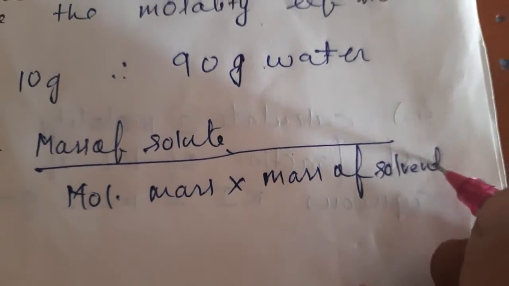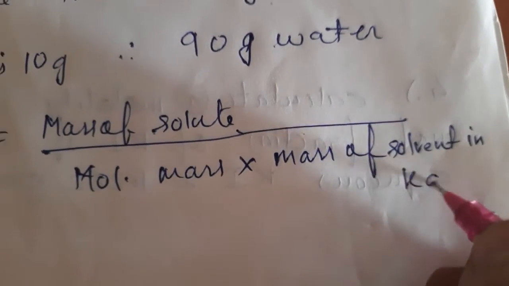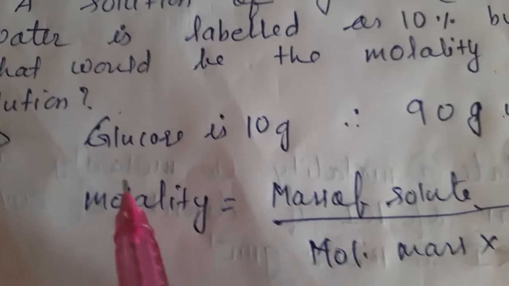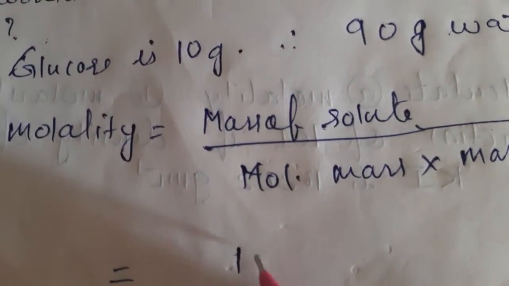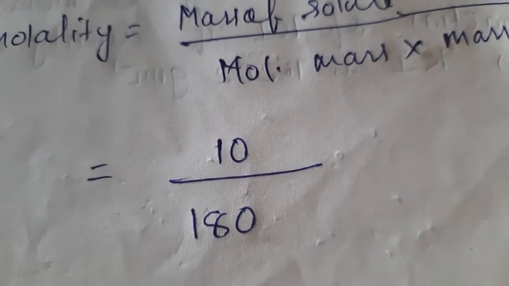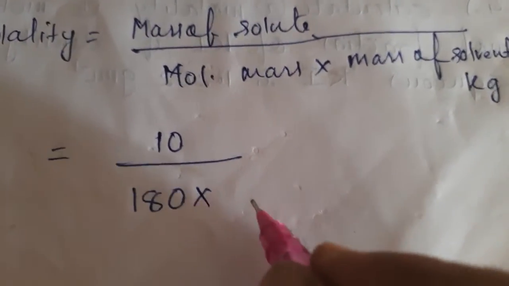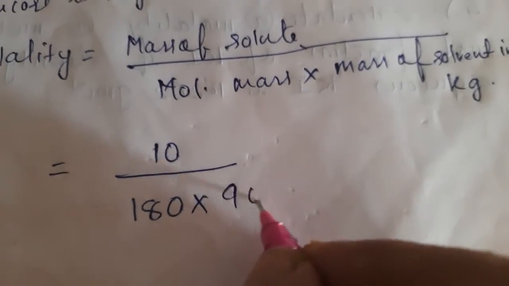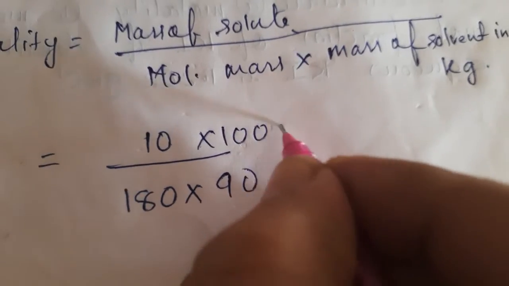So we will write here mass of solute is 10 gram, 10 divided by 180, molecular mass of glucose is 180, into mass of solvent is 90 gram, water is 90 grams, so 90 divided by 1000.